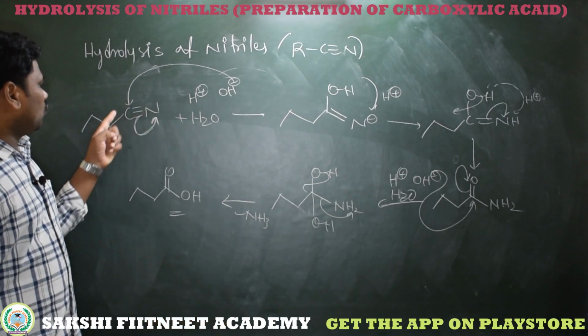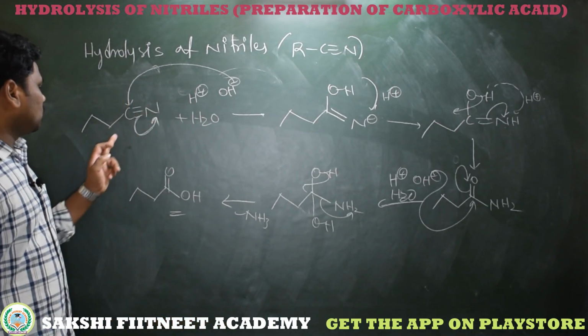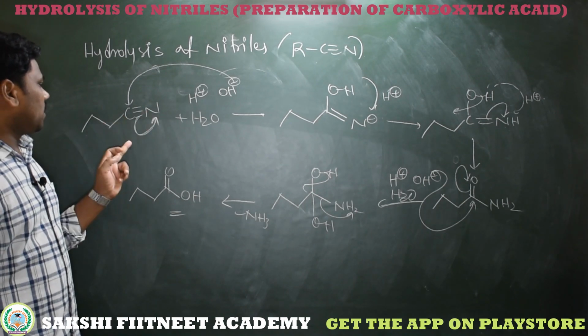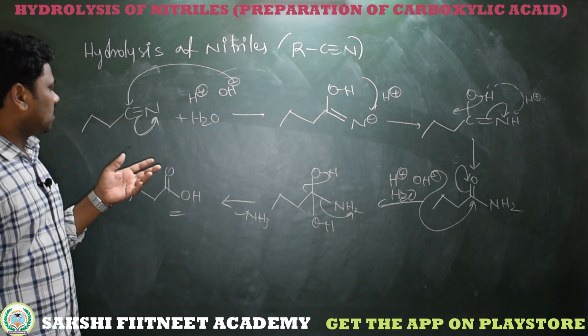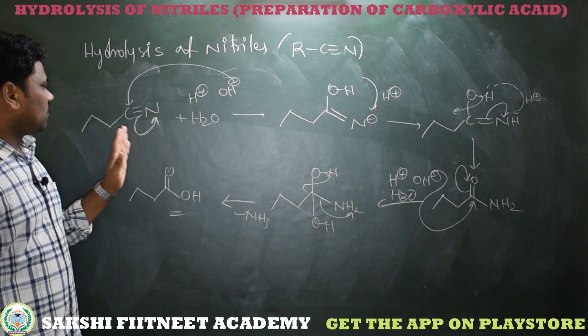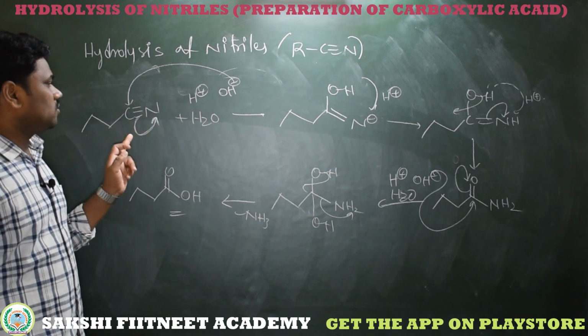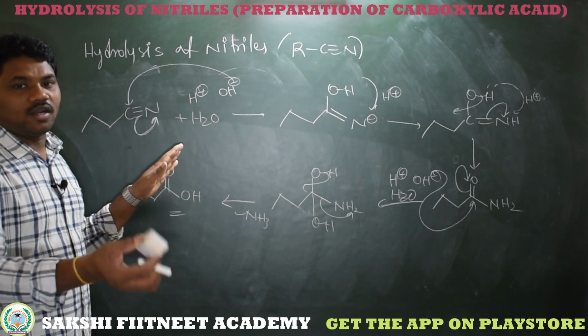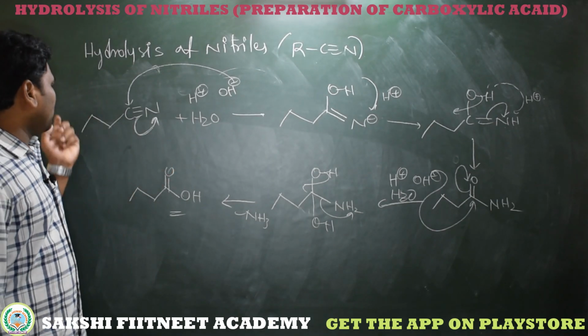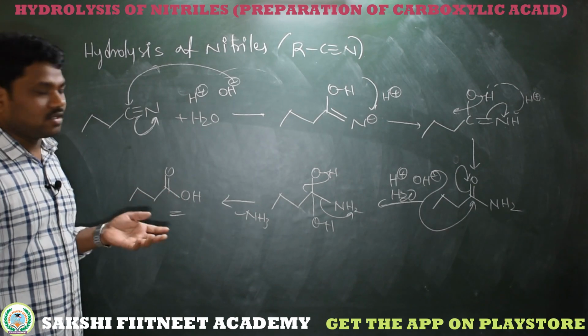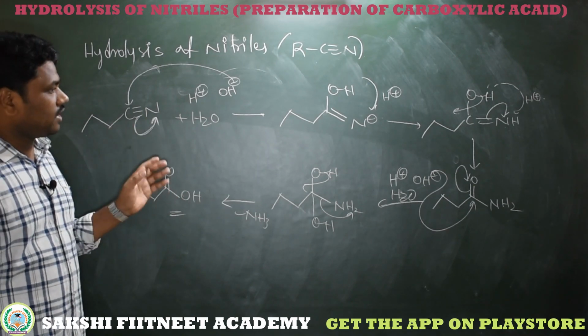This nitrile group: don't disturb this chain, you just focus on the functional part. In any organic reaction, we need to focus on the functional part, where the reactive center is, and how that reactive center reacts with a particular reagent. The remaining chain is not necessary, it is written as it is.